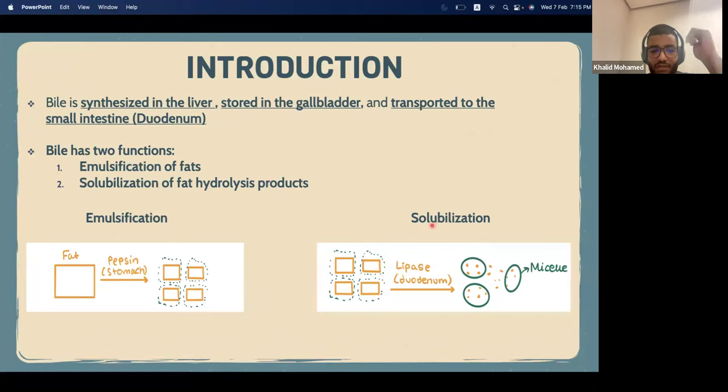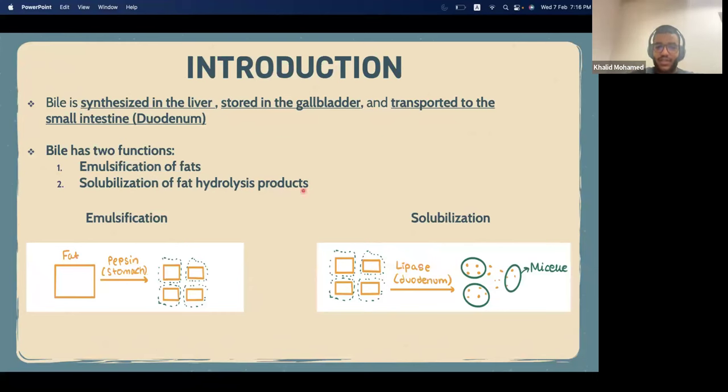It helps in, first of all, stopping the fat molecules from joining back together, therefore helping in the digestion of these fat molecules by lipases from the pancreas. And then once it's hydrolyzed, they form micelles around the fat droplets to make it easier to absorb them, because these micelles can be absorbed by passive diffusion. All clear until now?